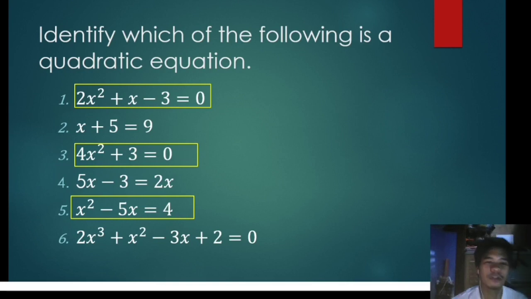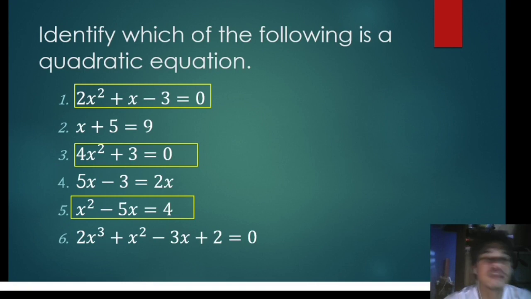Finally, we have equation number 6 given by 2x cubed plus x squared minus 3x plus 2 equal to 0. As we can see here, by observing, we have three variables: x cubed, x squared, and x. So what can you observe? Our highest exponent in this equation is 3.